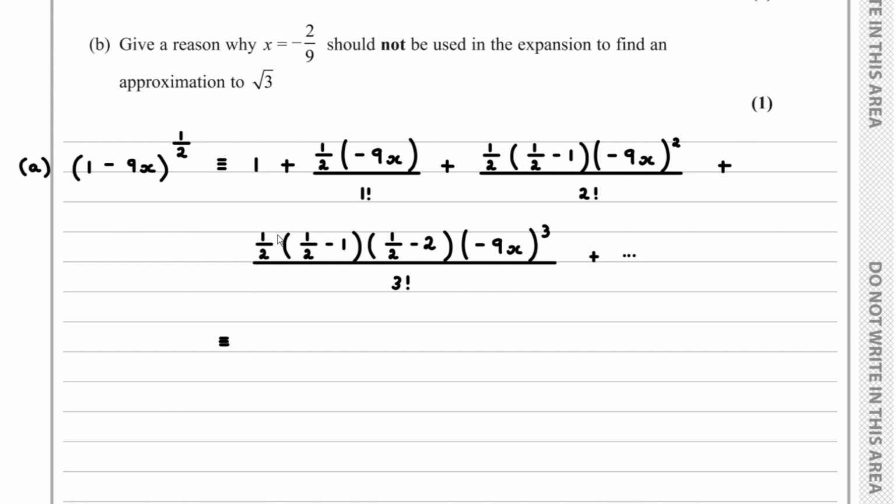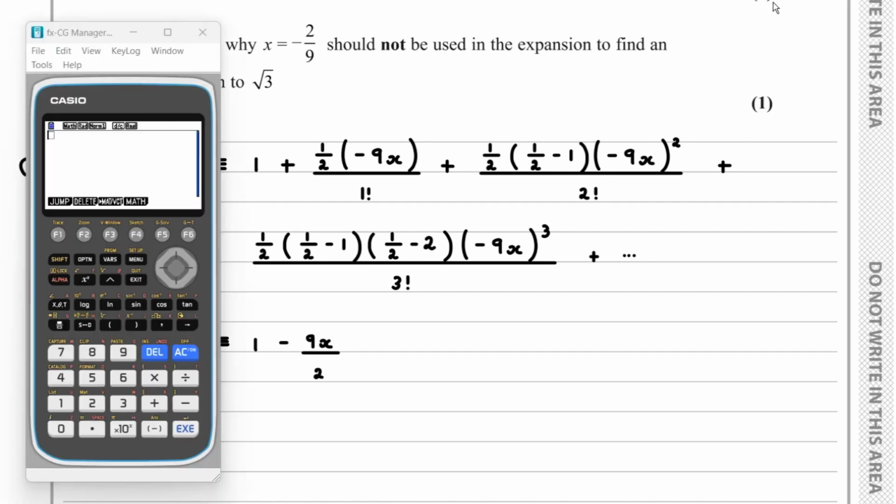So we've got 1, then 1/2 multiplied by negative 9x over 1 factorial, that's negative 9x over 2. For the next term, we have 1/2 multiplied by (1/2 subtract 1) multiplied by negative 9x squared over 2 factorial.